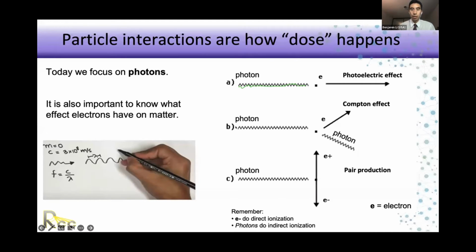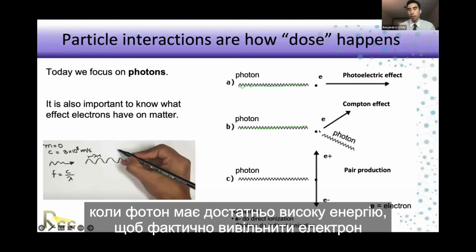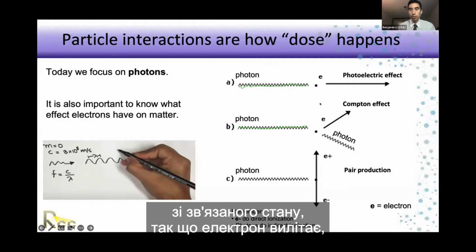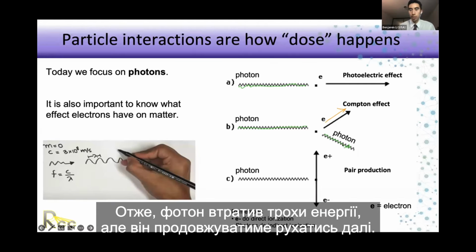For higher energy photons, we have something called the Compton effect, where the photon is high enough energy that it can actually release an electron from its bound state, so that the electron goes shooting off, and also the photon is deflected. The photon has lost some energy, but it's going to continue going along.